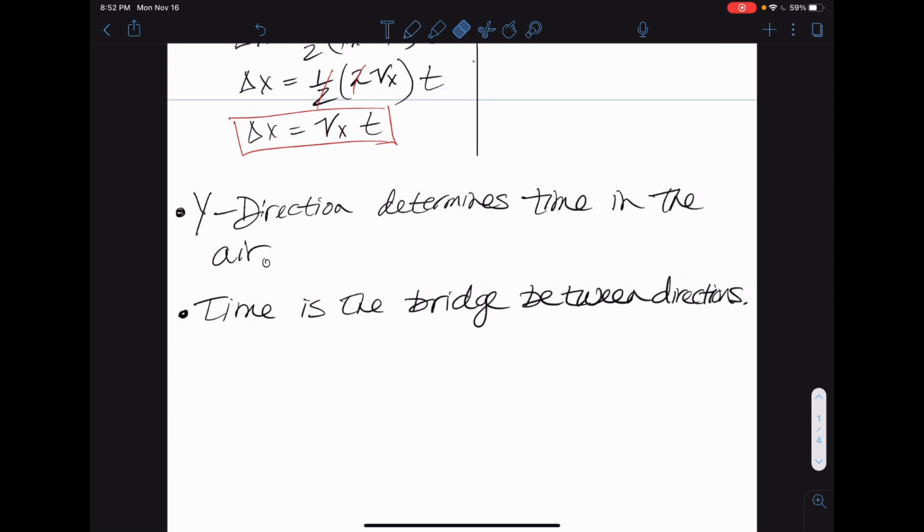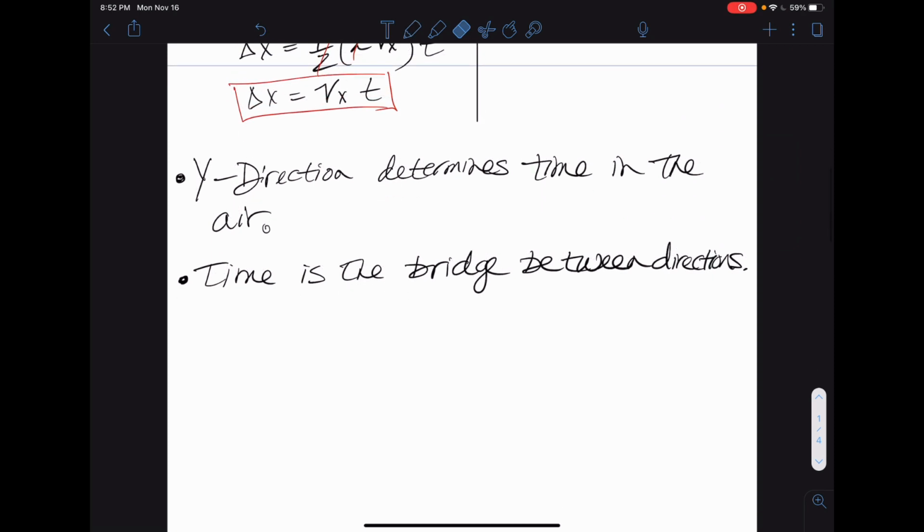All right, so what I want to say about time being determined by the y direction is that I think there's a misconception if you think of time being determined by the x direction, which is incorrect. Here's where I could see a student saying this, and I think at one point I thought this.